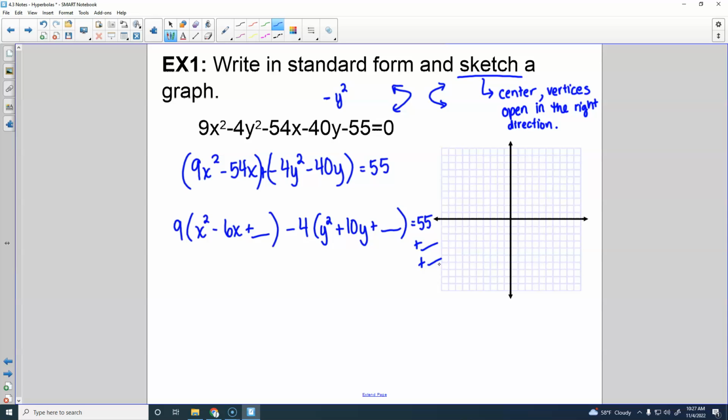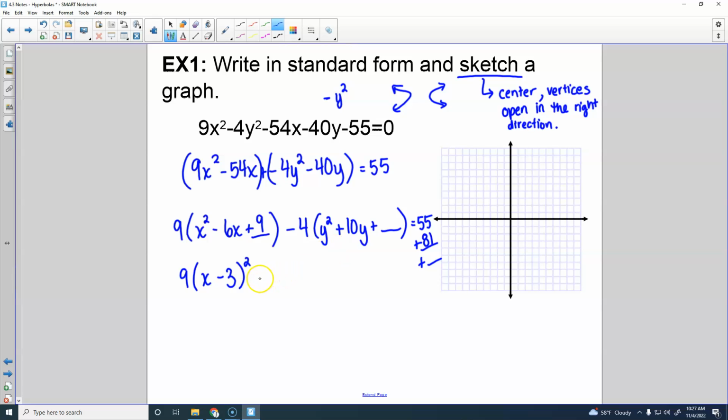Okay, so we're going to complete the square just like we did on the other problems. We'll have 9 times x minus 3 squared. We have to add a 9 right here. What do we add to the other side? 81. Don't forget to multiply it by this 9 that is out front because it would have to be distributed.